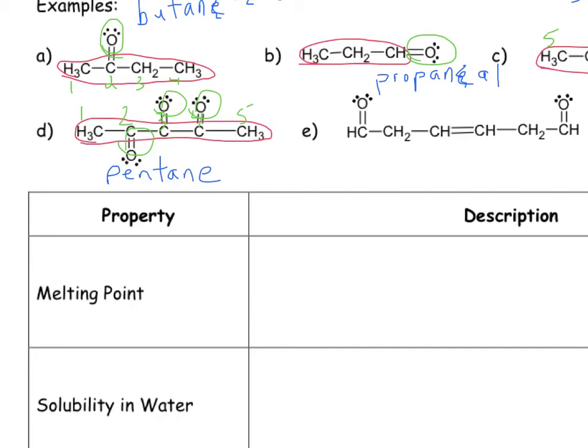In this case, it doesn't matter whether I start left or right. I would add position numbers, and because I have 3 carbonyls, I would use the suffix -trione. Because my suffix starts with a consonant, I leave the E at the end of the pentane. The final name for molecule D is pentane-2,3,4-trione.